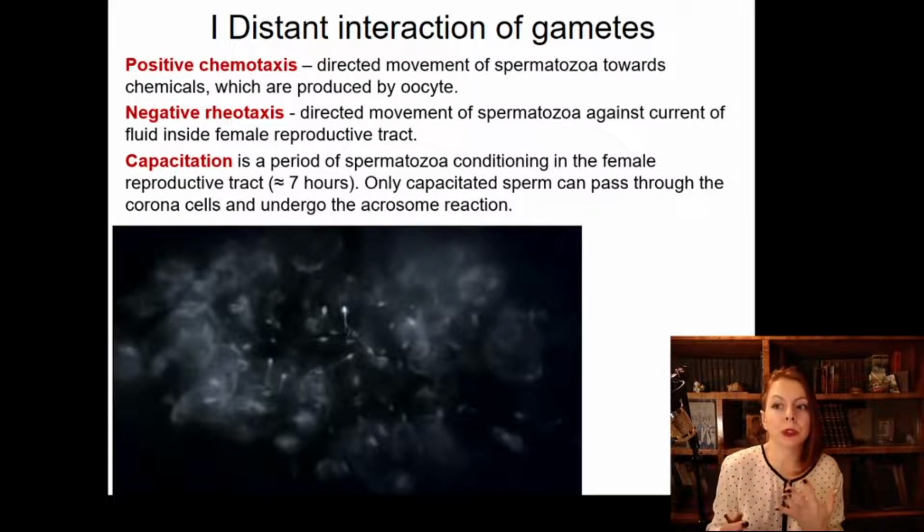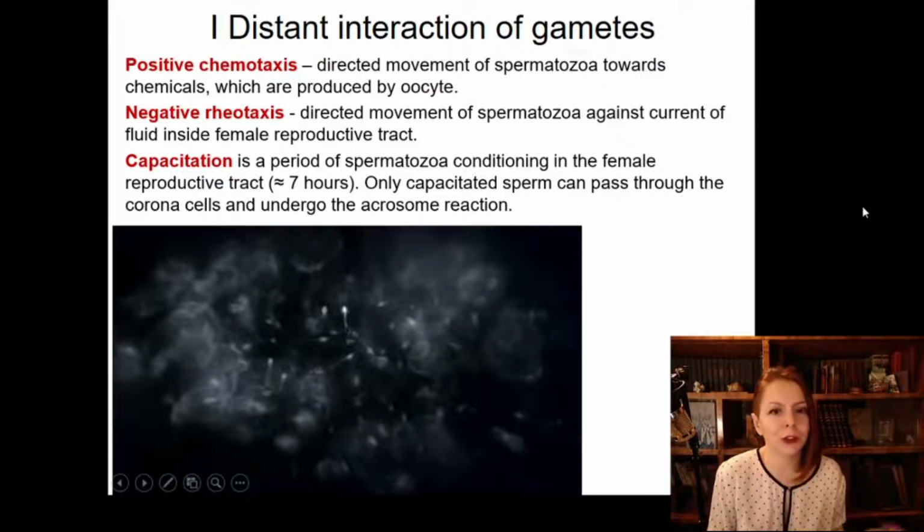It is very important because if we take fresh spermatozoa from ejaculate and mix them with oocytes, they are not capable to fertilize them, because to become capable for fertilization, spermatozoa need to be incubated in the female reproductive tract for at least 7 hours. So if less than 7 hours, they can't perform their function.